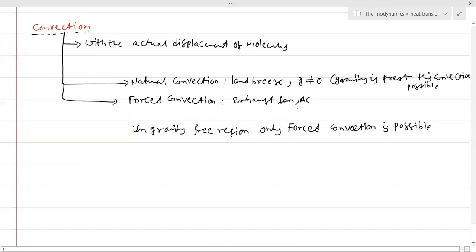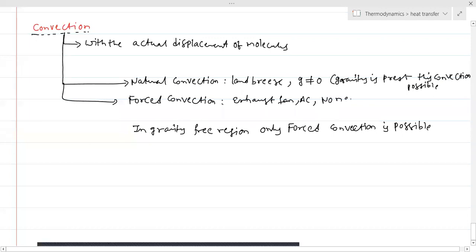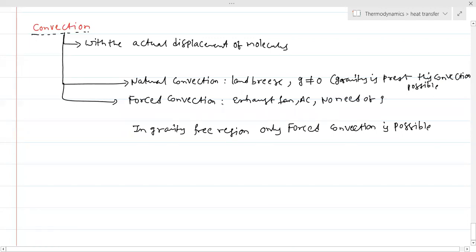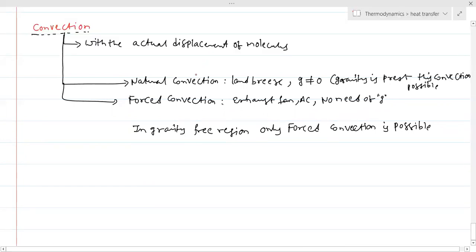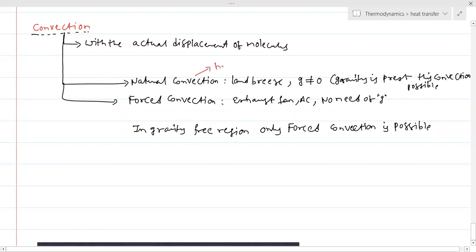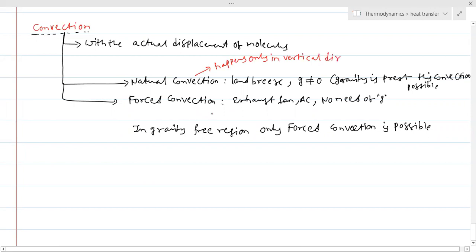Already we know about forced convection. Here there is no need of gravity. And one more phenomenon of natural convection is that it can happen only in the vertical direction. But forced convection can happen in any direction.